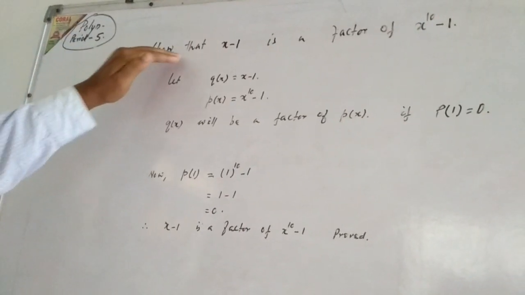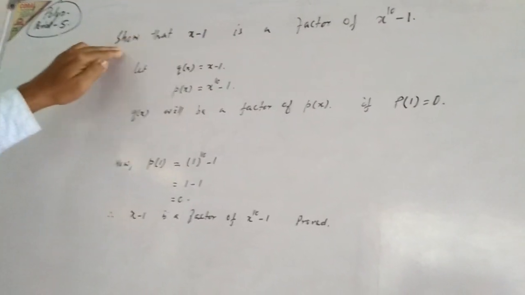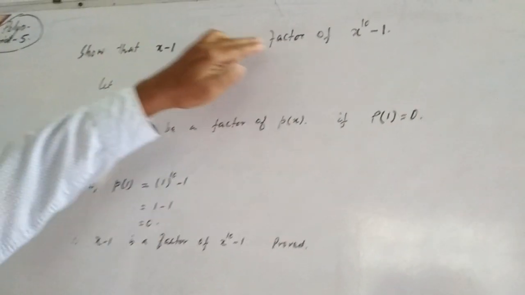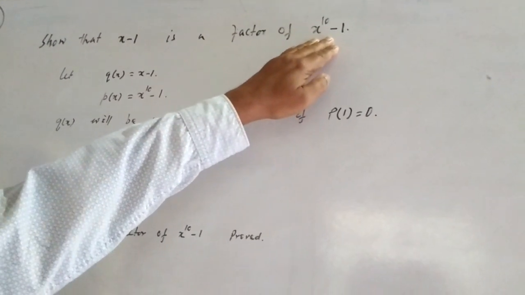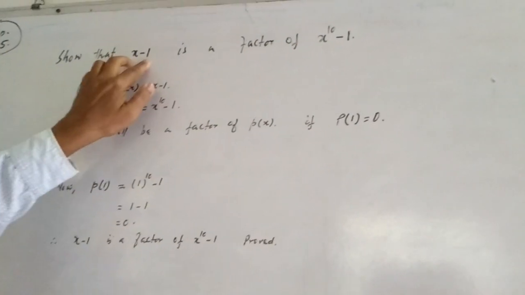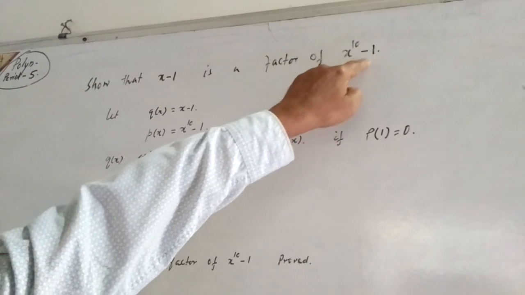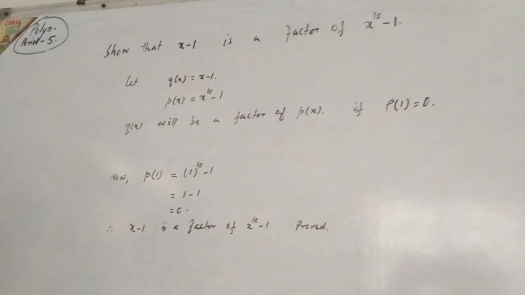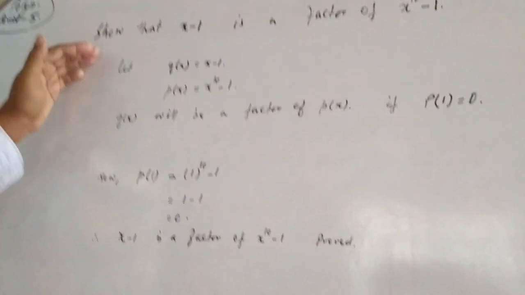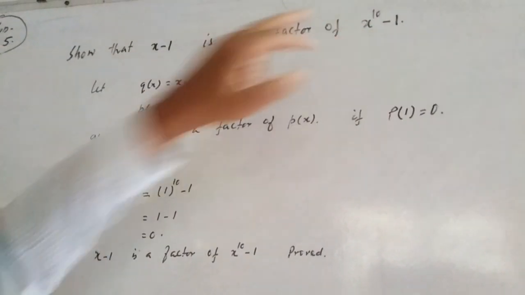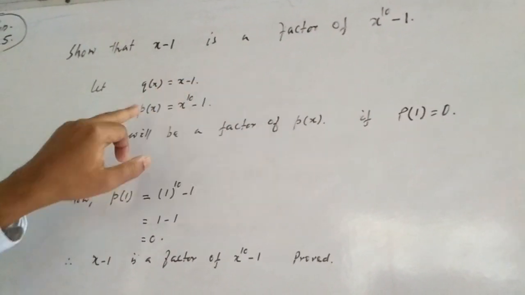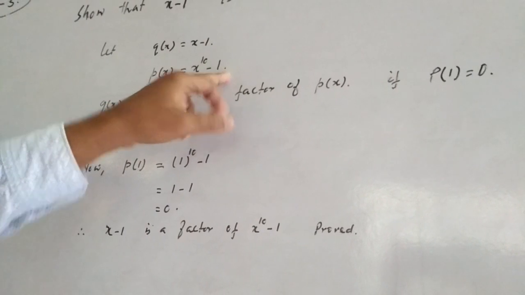Now we took another question here. Show that x minus 1 is a factor of x to the power 10 minus 1. ये दिखाना है, ये प्रूफ करना है कि x minus 1, x to the power 10 minus 1 का फैक्टर है. For this, we have considered those two polynomials as q(x) equal to x minus 1 and p(x) equal to x to the power 10 minus 1.